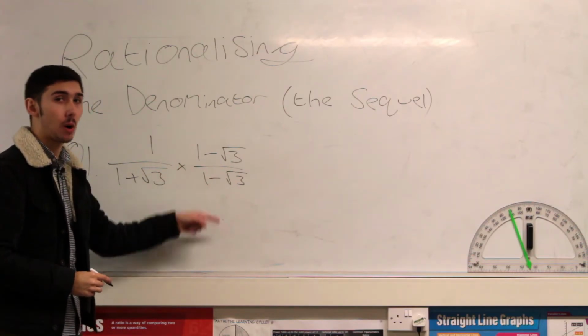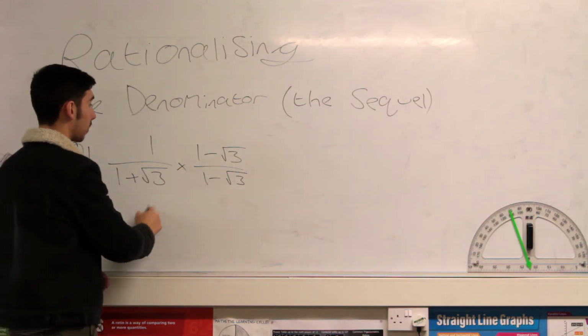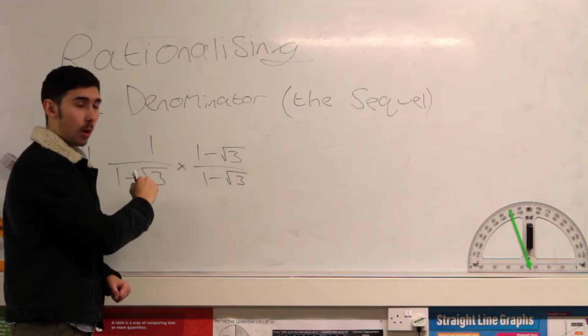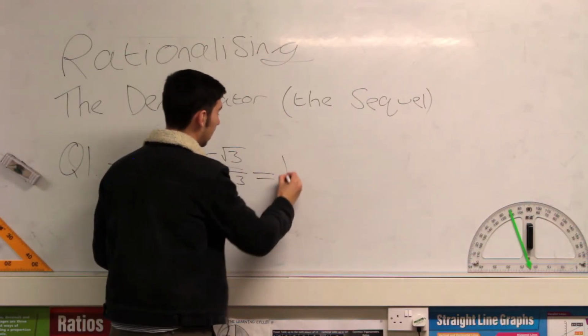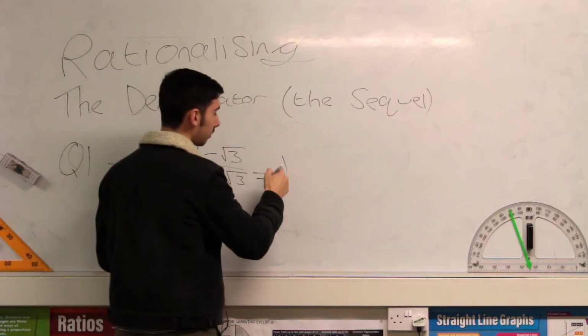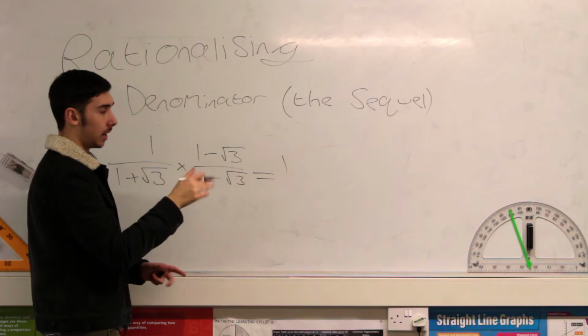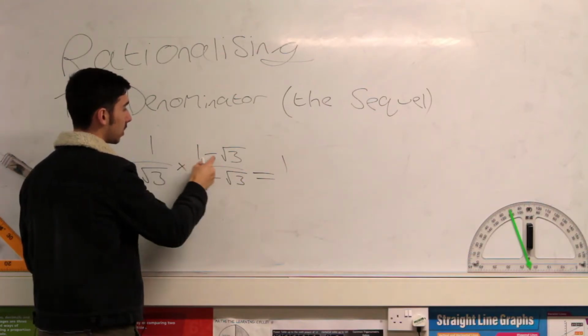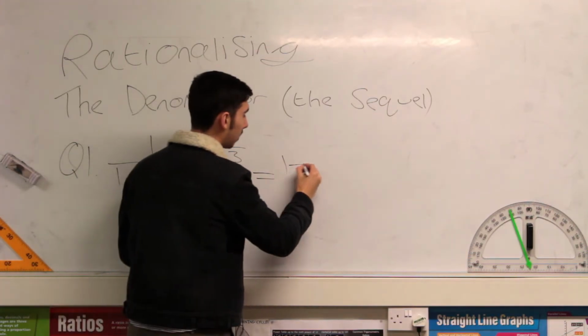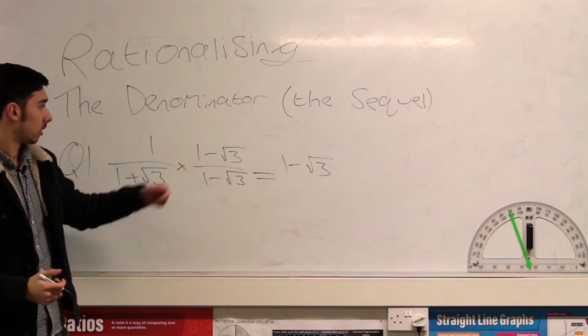We're timesing it by 1, but in a very elaborate way. So on the top, 1 times 1 minus root 3, we get 1 add 1 times minus root 3, which ends up being 1 minus root 3. 1 times anything is just that thing.